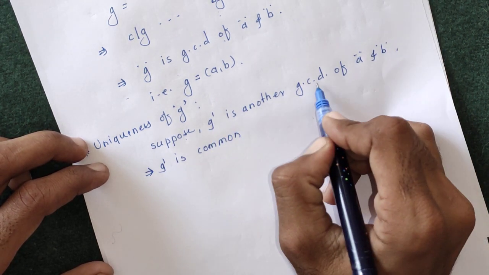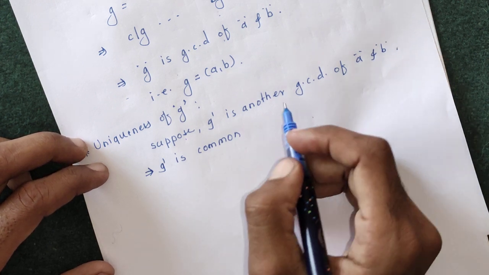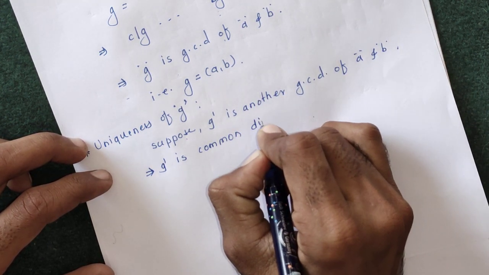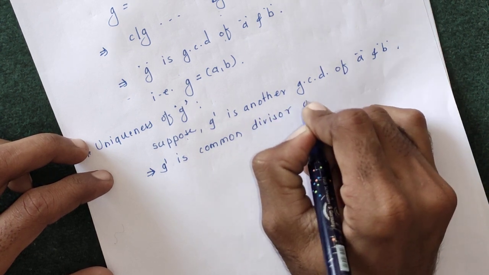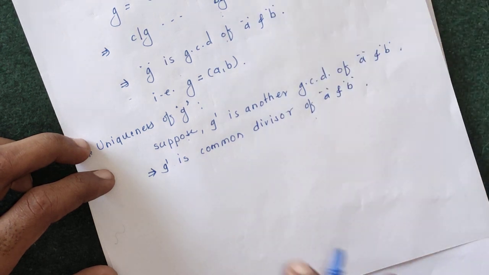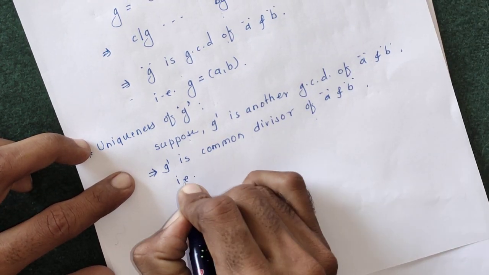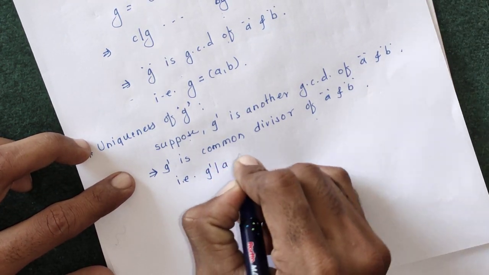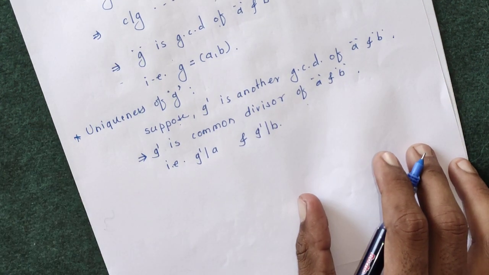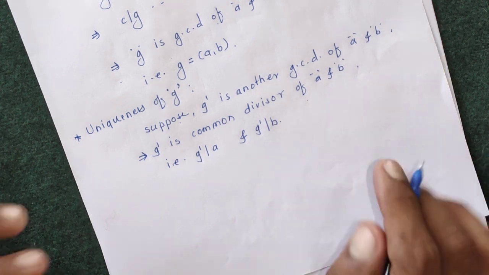So g prime must be a common divisor of a and b, that is, g prime divides a and g prime divides b.